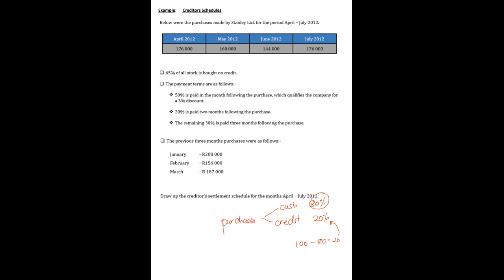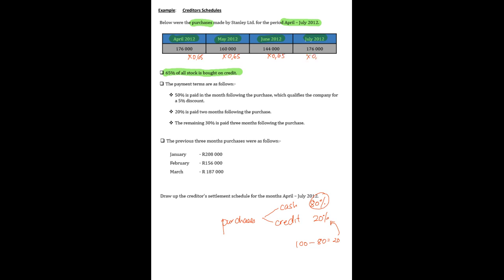So here they said that these were the purchases made by the company for April to July. They gave you the total purchases for the months, and they said 65% of all of your stock is bought on credit. So we are concerned with working out only the 65% for each one of them, and this is going to help us to draw up the schedule.